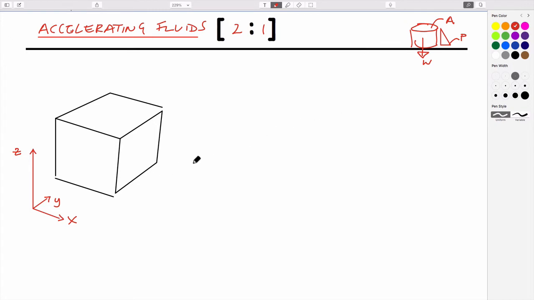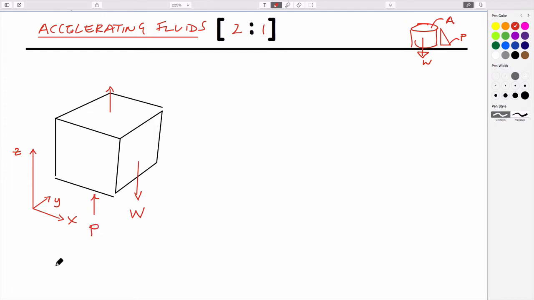But what we will do is define those components. So we have acting downwards its weight, equal W. We'll have acting upwards on this face a fluid pressure, and correspondingly on the bottom face a fluid pressure.